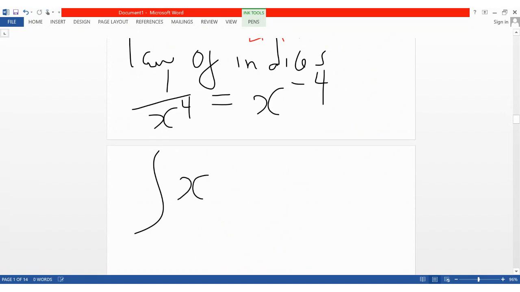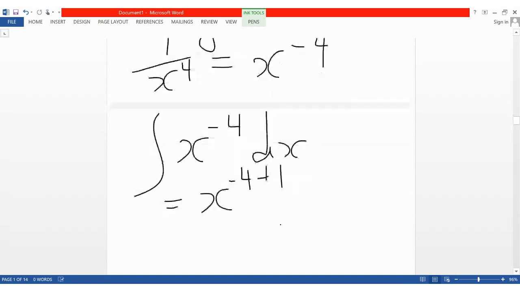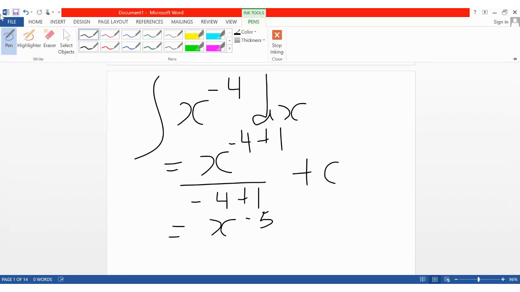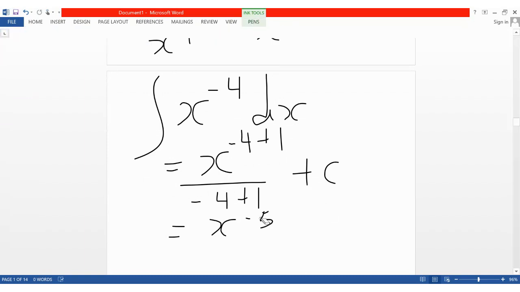That is x to the negative 4 plus 1, all over negative 4 plus 1, plus c. When you do this, you shall get x to the negative 3 all over negative 3, plus c.